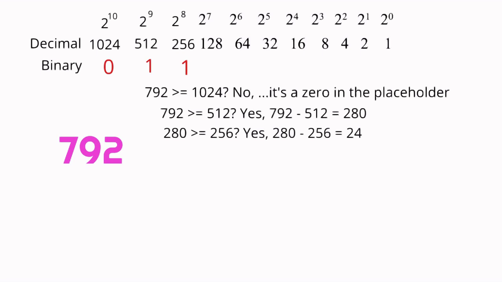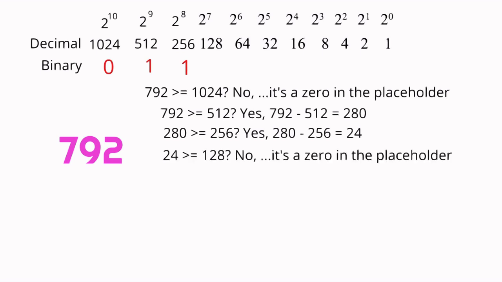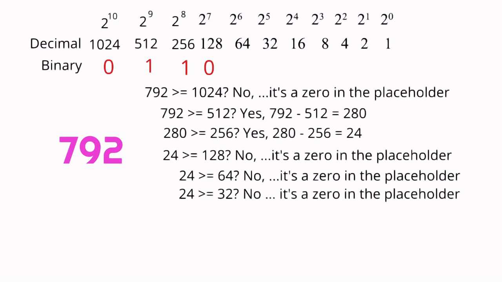Now let's compare 24 to our chart. We're looking for the value that could be subtracted from 24 without going into negative numbers. Scanning the chart, yep, 2 to the 4 equals 16 and can be subtracted from 24 without going below 0. So we write a 1 under 2 to the 4 and zeros under the other numbers to the left of 2 to the 4.